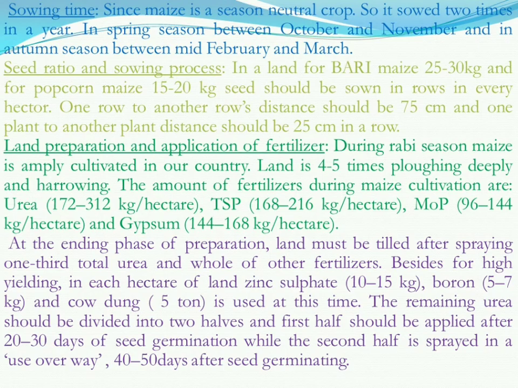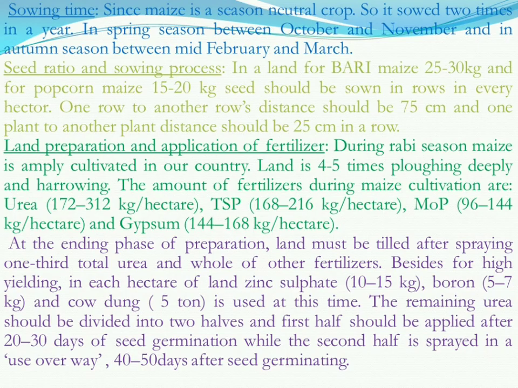Then, for high yielding in each hectare of land, after making the land, we have to give 1/3 of the urea and the other fertilizers. That means TSP, MOP, muriate of potash, and gypsum, the whole amount of all other fertilizers should be given after preparing the land.